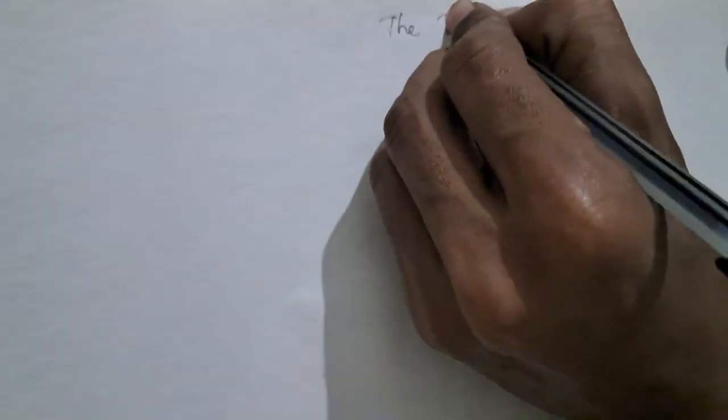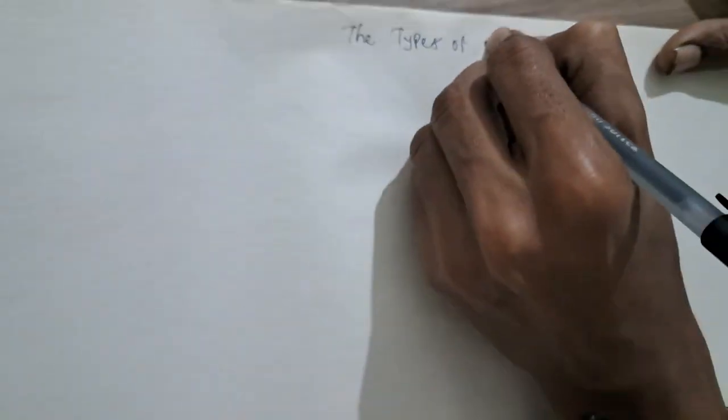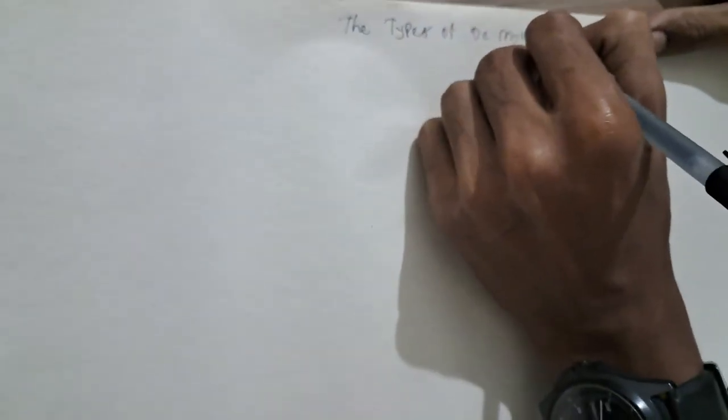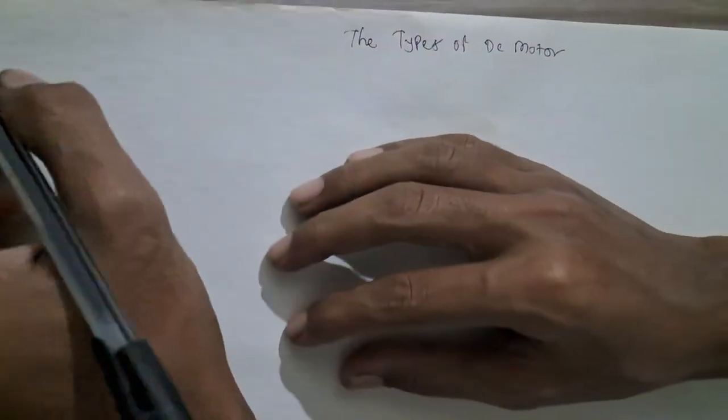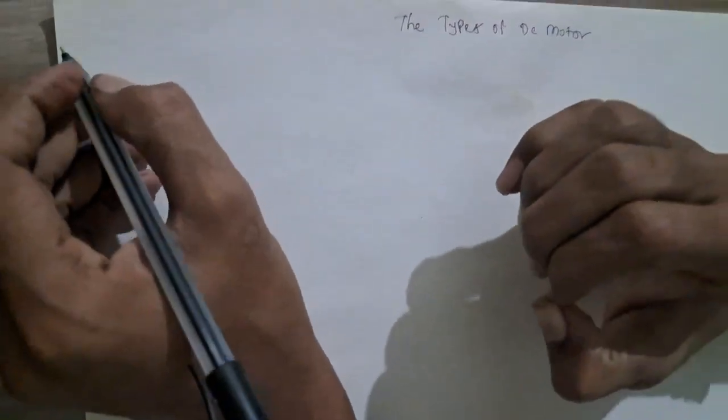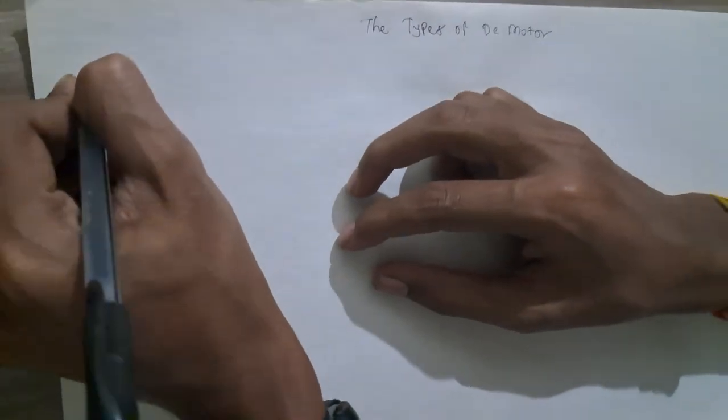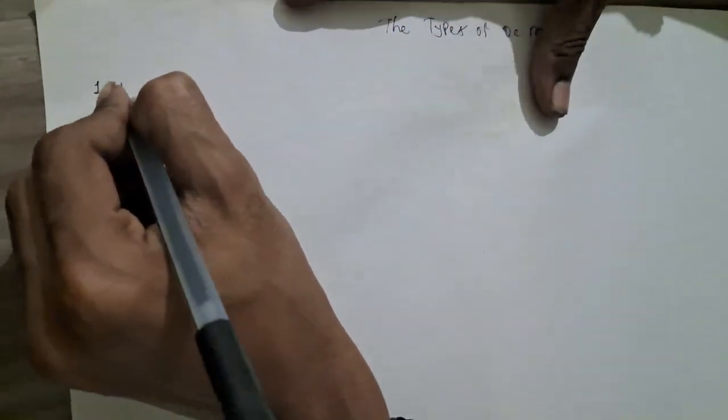Okay, so I am writing the types of DC motor. Basically there are 5 types of DC motor. First is permanent magnet.